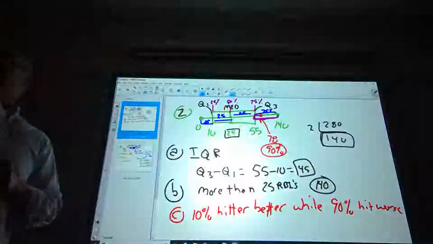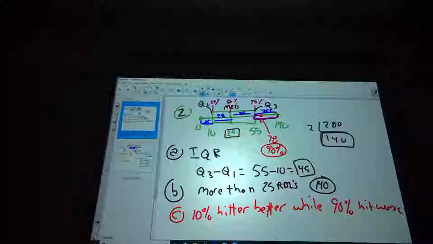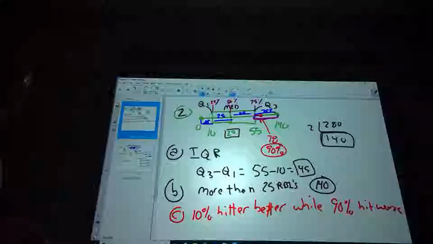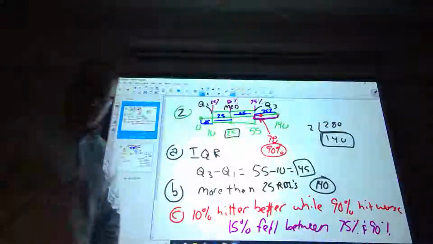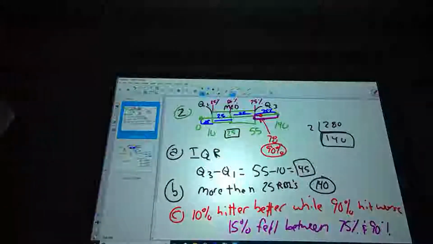So what percent goes from 75 to 90? How many do I have to add to 75 to get to 90? 15. So 15% fell within that region. I mean, you just subtract them. That's all you're doing.